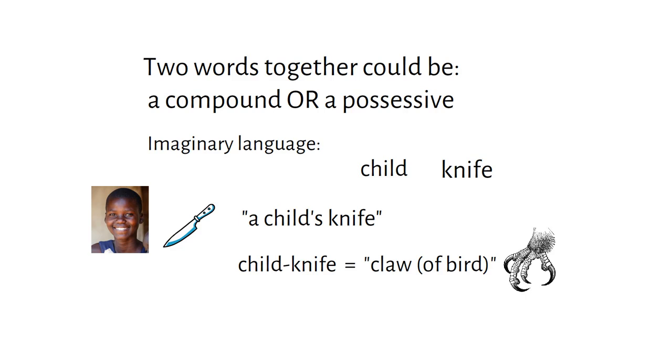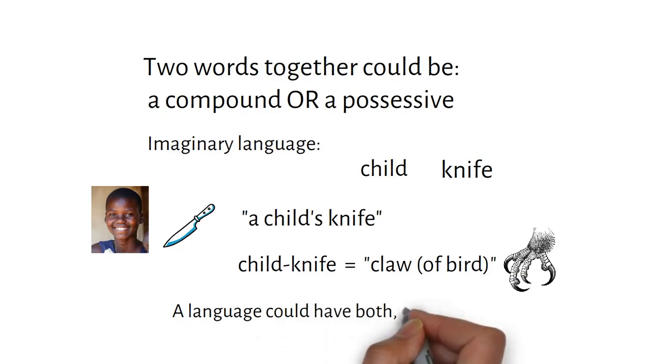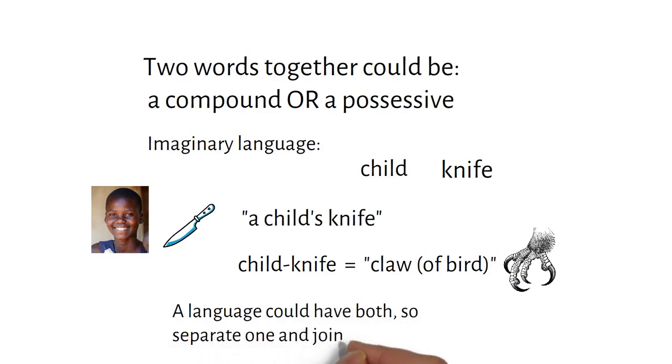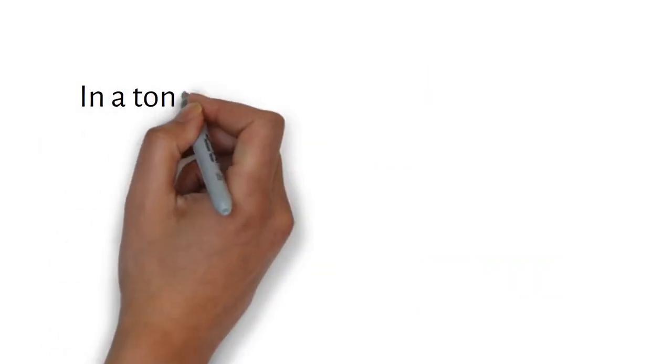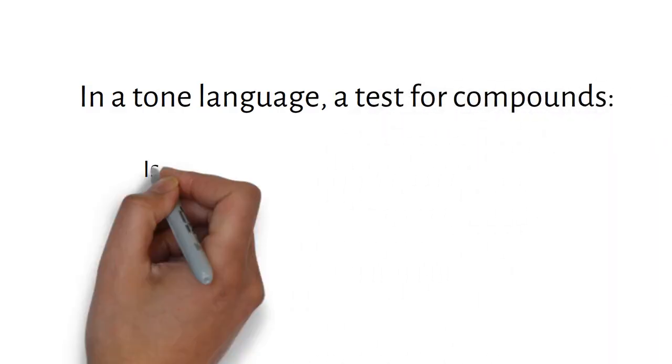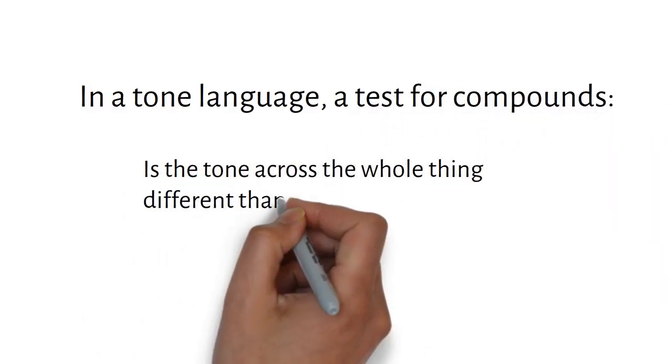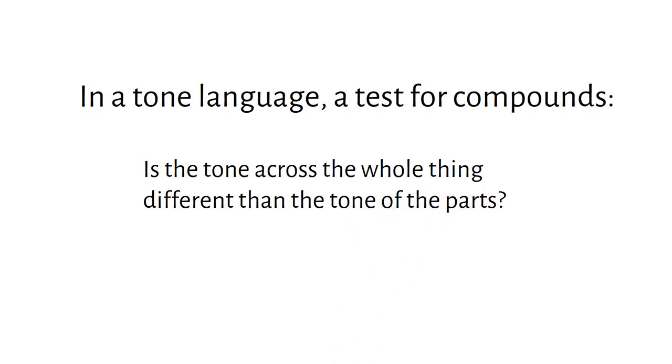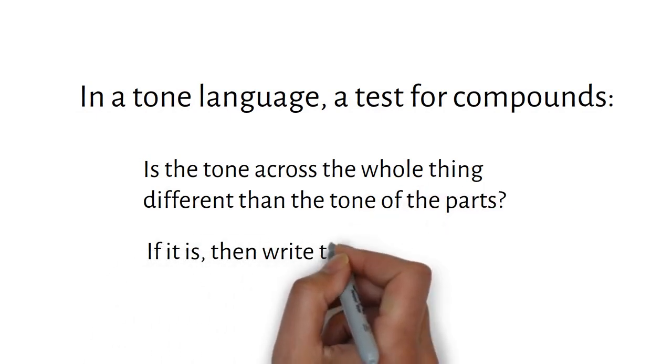Sometimes you can also know by other linguistic tests. It's possible to have both in one language, so you'd separate child knife when you mean the child's knife, and join child knife when you mean claw. You want to be able to tell these apart. In a tone language, another test for compounds is: is the tone across the whole thing different from the tone of the parts? If it is, then write it joined together.